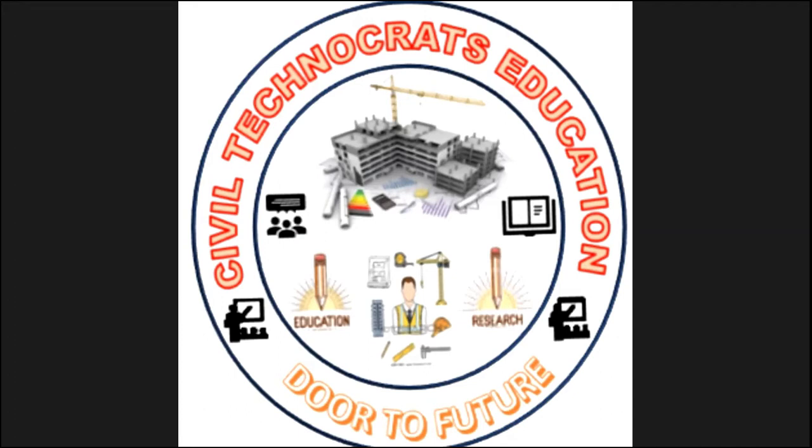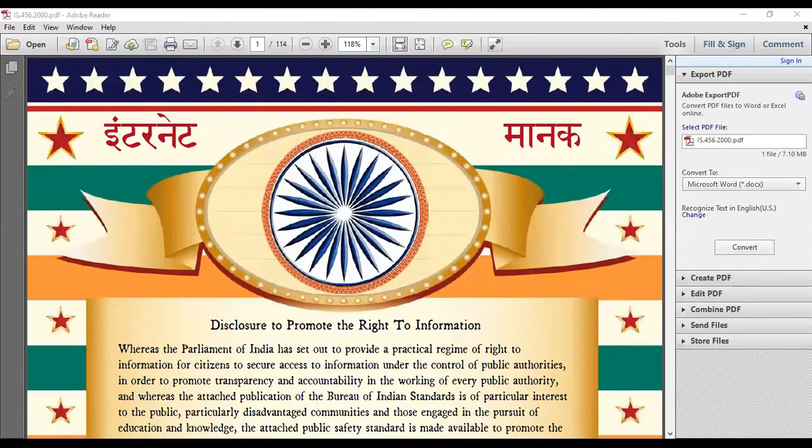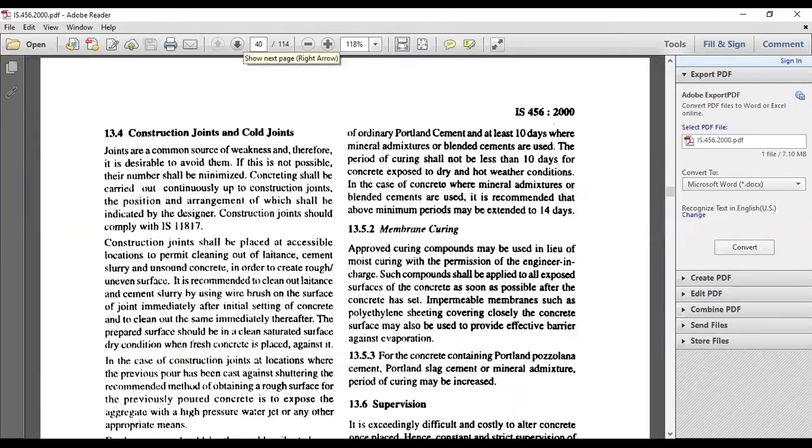Now let us see what the IS code says. What was our page number? I think page number 36.